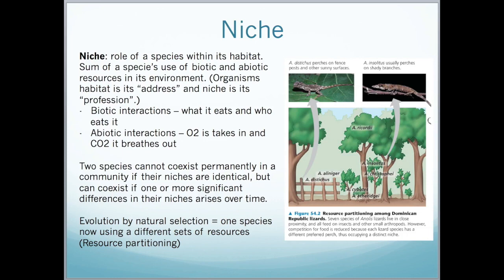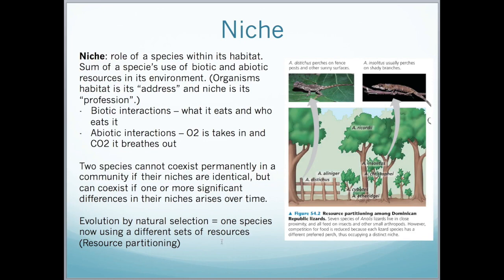So generally, two species cannot coexist permanently in a community if their niches are identical, but they can coexist if one or more significant differences can be found in the niches, which can arise over time.